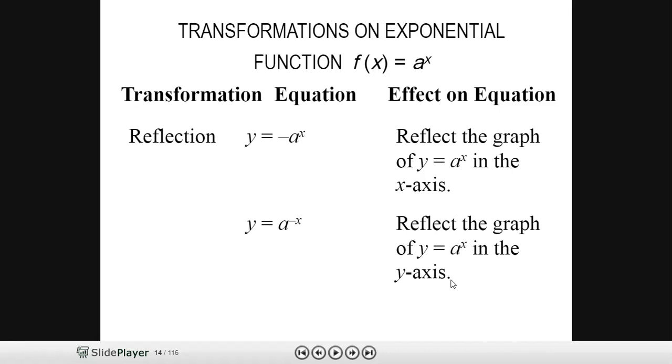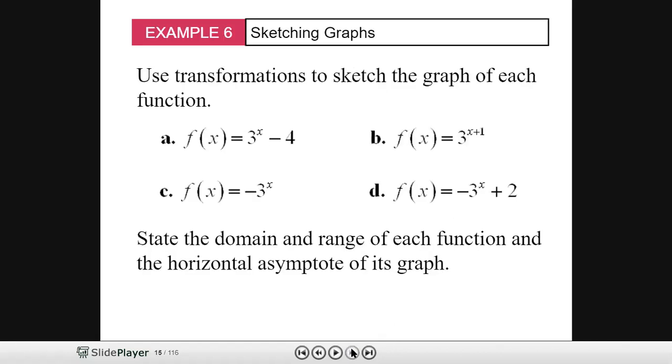What I mean to say is that if you are multiplying with minus 1, it will be reflected on the x-axis, and if you are making the exponent negative, then it will be reflected on the y-axis. Anyhow, we will see some graphs also.